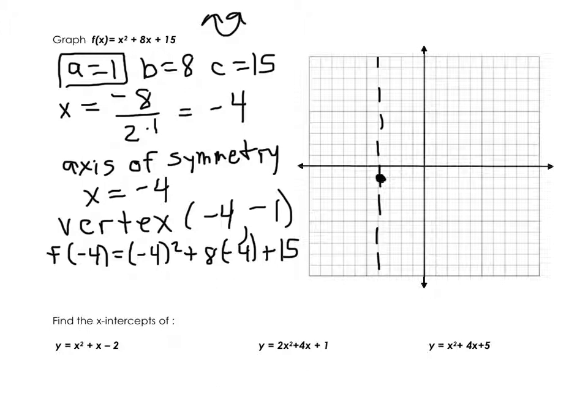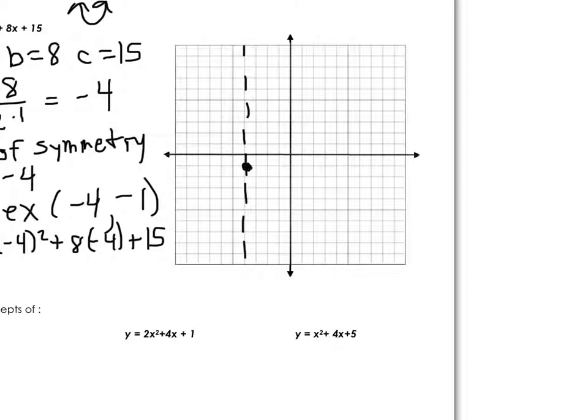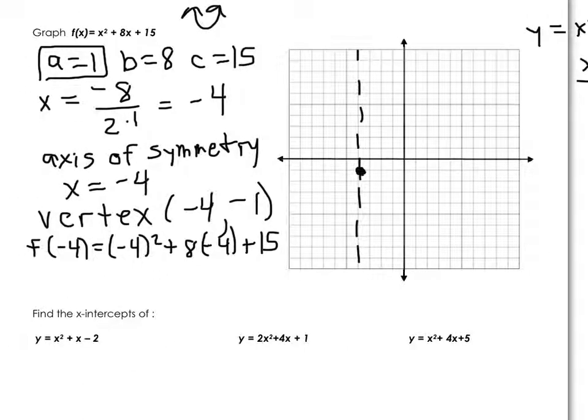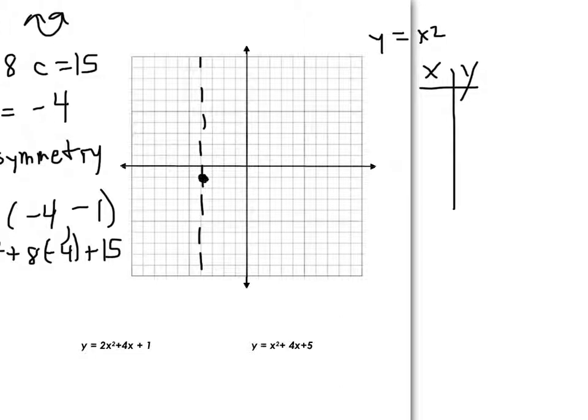Let's make a table and find out some other values so that we can decide what our parabola looks like when graphed. So what was our equation again? We had f of x, or y, equals x squared plus 8x plus 15.